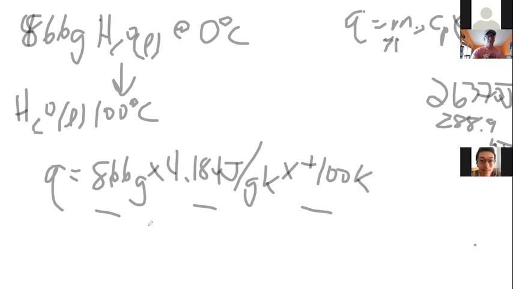So my Q is 866 grams times 4.184, my heat capacity, times 100. So that is 362,334 joules, or 362.3 kilojoules.